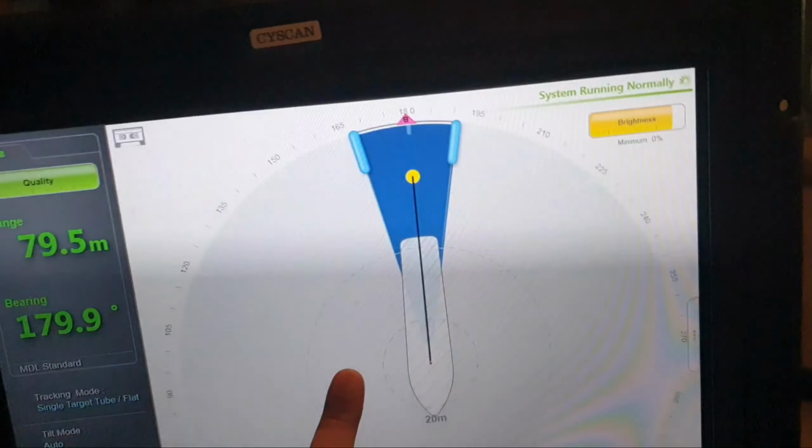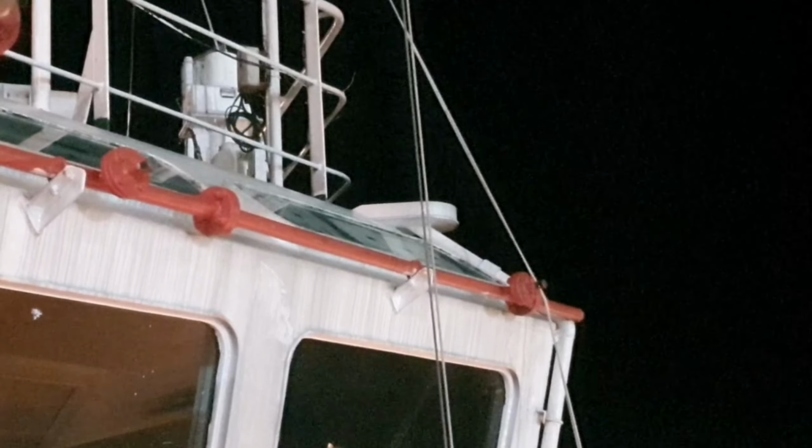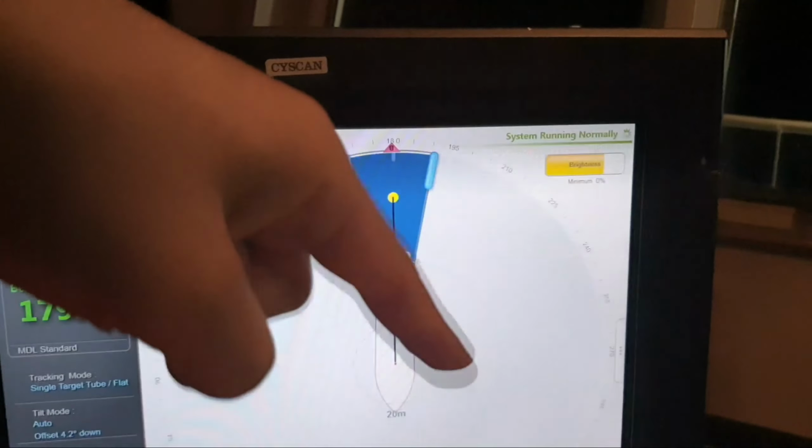But in the case of SceneScan, there is one laser system placed on the monkey island, which rotates 360 degrees and transmits laser light, which is caught by a reflector or prism. This reflector and prism are placed on the installation, so the light is caught there, and that is how we are getting range and bearing. It is a very simple and very good system.